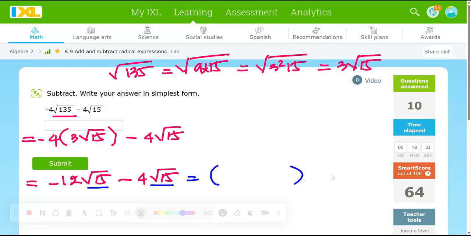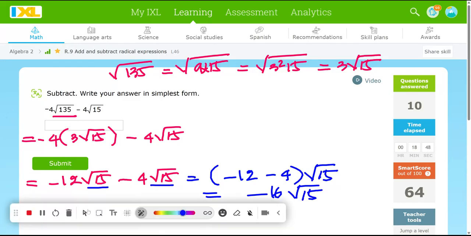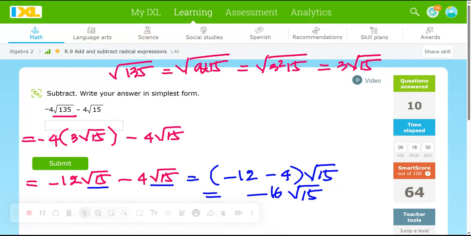I can factor it out. So now I have negative 12 and then negative 4. Together, that's negative 16 and then square root of 15. So this is the answer. I put them in. Negative 16 square root of 15.